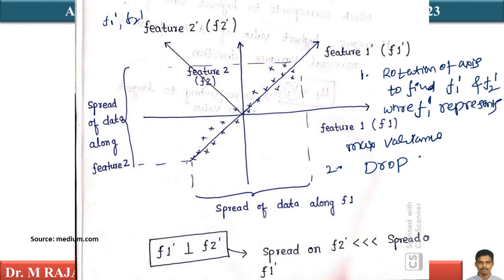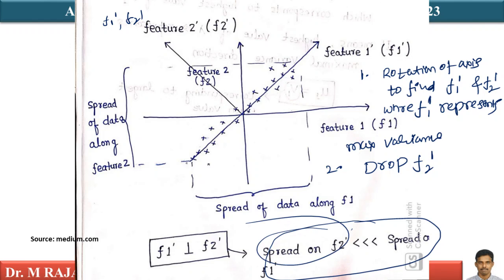What is the reason? Drop F2 dash as the spread on F2 dash is very, very less than the spread on F1 dash. Just see, therefore I am dropping F2 dash. After that, what do you have to do?